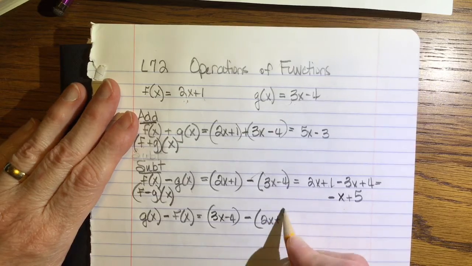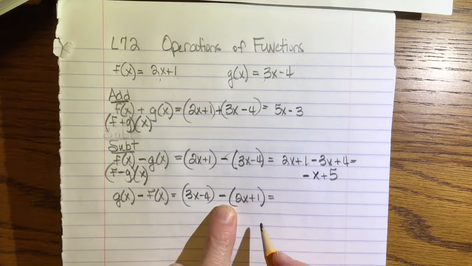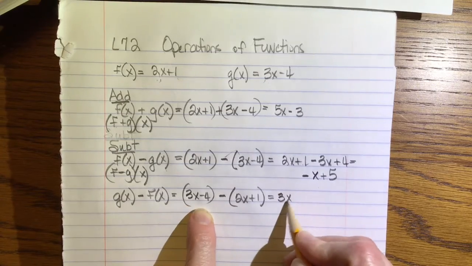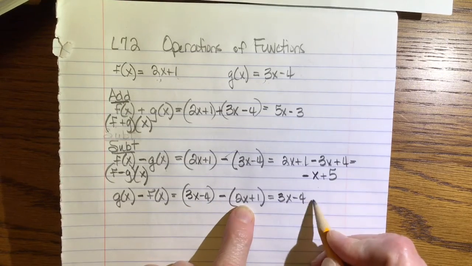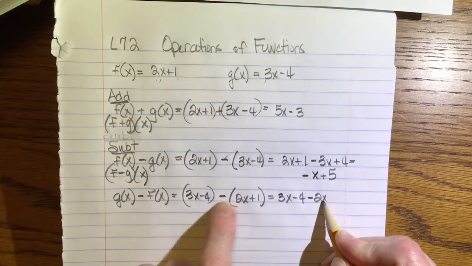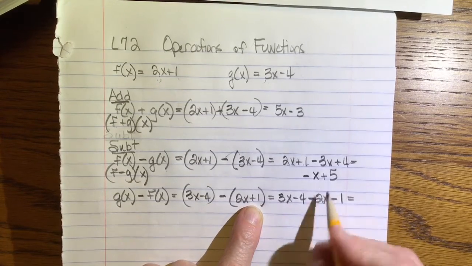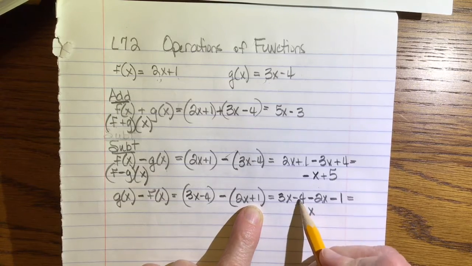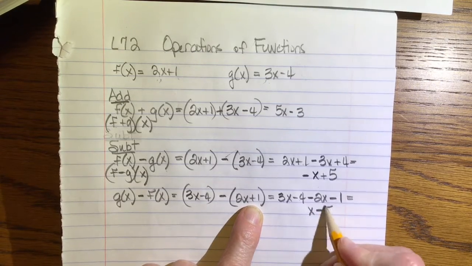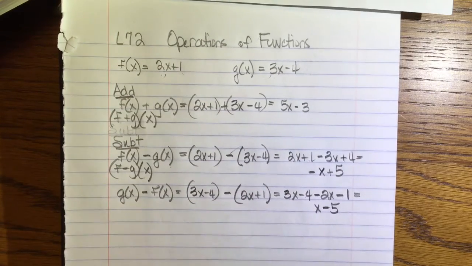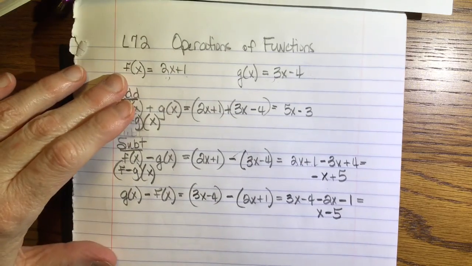You have to have the parentheses here so that you can distribute the negative. So positive 1 in front of this, and then distribute minus 2x minus 1. Now, like terms, 3x minus 2x is 1x, and negative 4 minus 1 is negative 5. Look how those are the opposites of each other. It's kind of interesting.